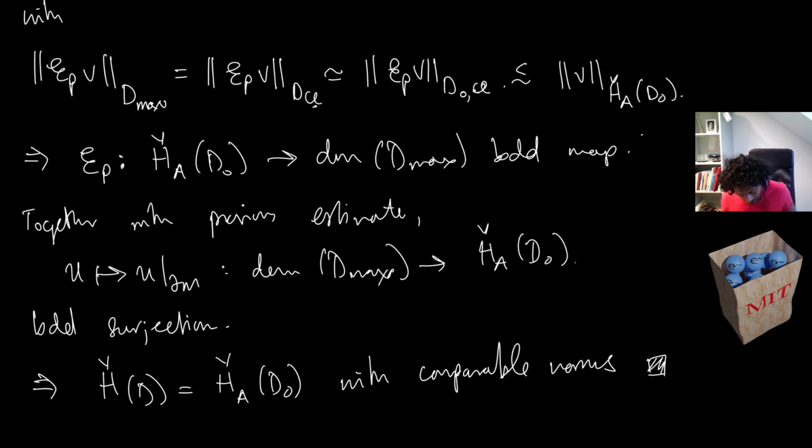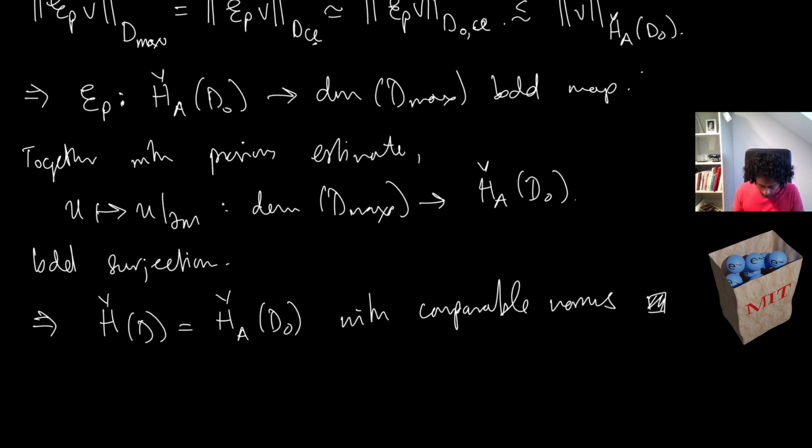That's right, and the point here is, so what have we done here? The main thing is that we have topologized, we have fully understood boundary value problems for the D operator. So H check of D, we now completely understand in terms of H check of A D naught. So we have described all possible boundary conditions from the boundary alone.